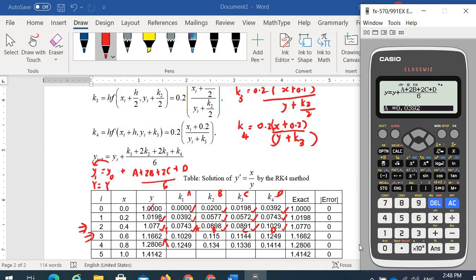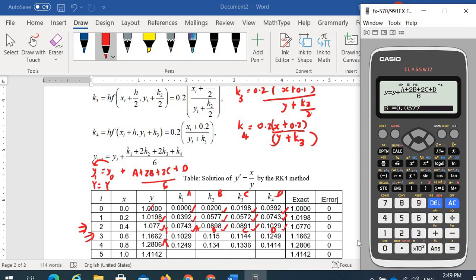Iteration 3 depends on iteration 2, 2 depends on 1, 1 depends on 0. So the values of A, B, C, D will move down 1 row. A is now 0.0743.